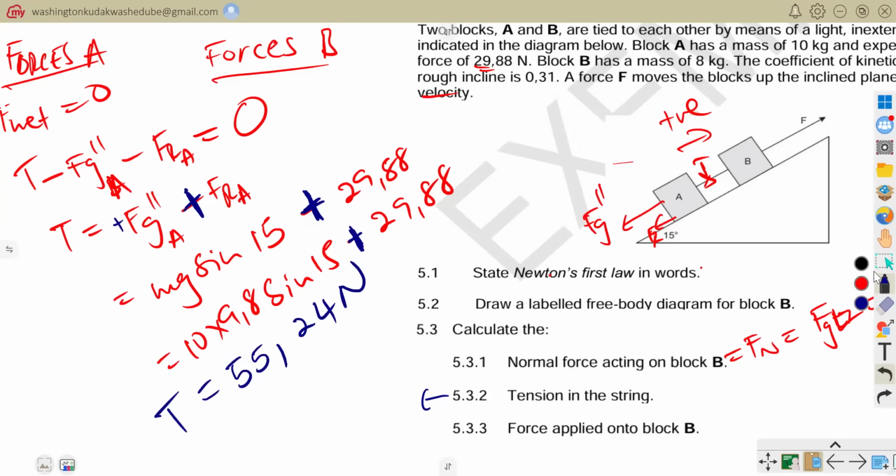Now to calculate the force applied on block B, since I now have the tension, it will be easier because I'll just look at the forces on what? On block B. So let me pull it up.